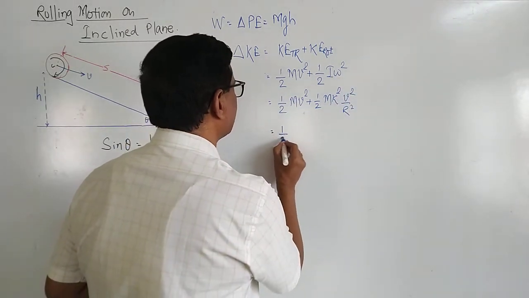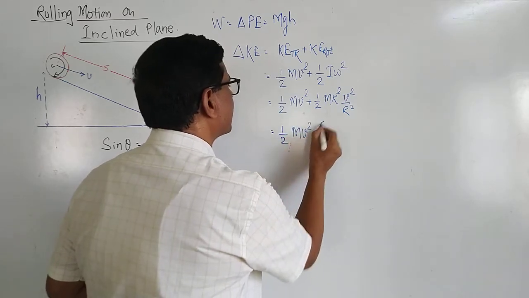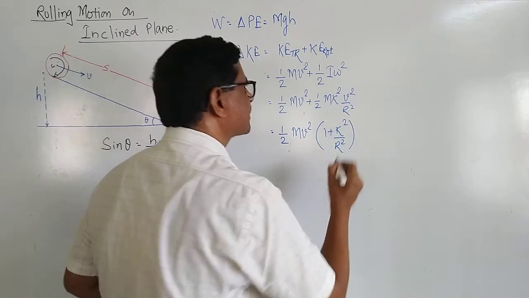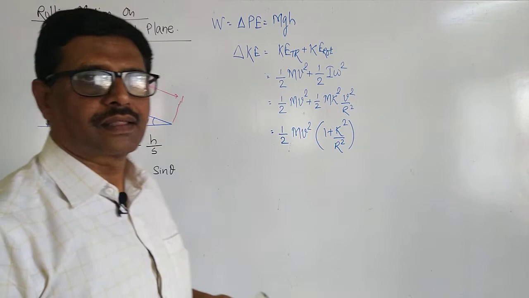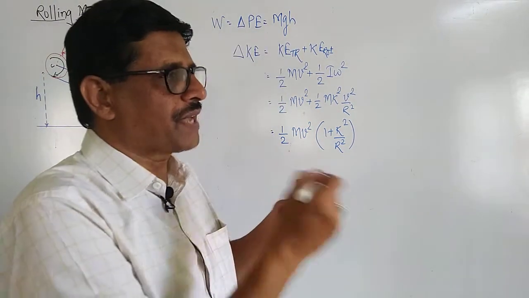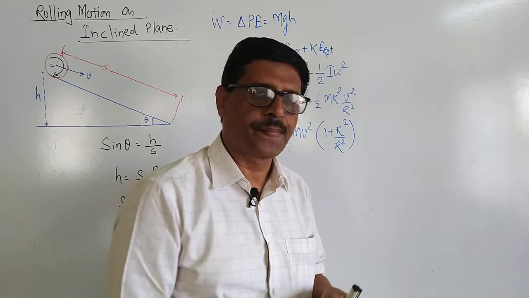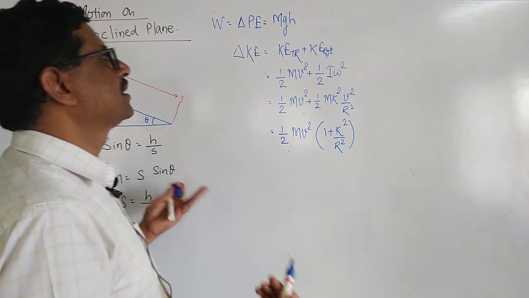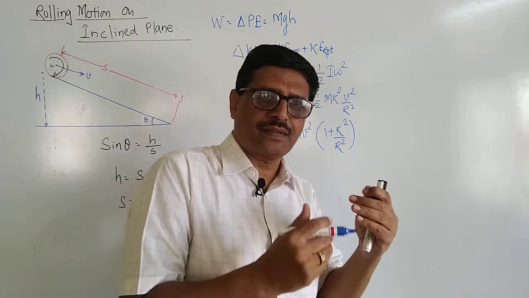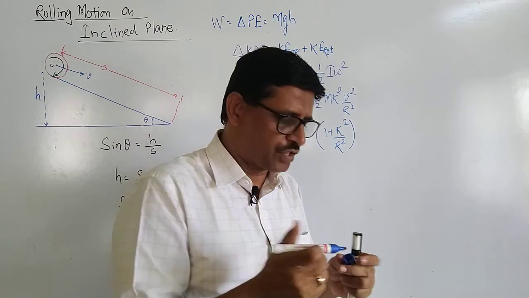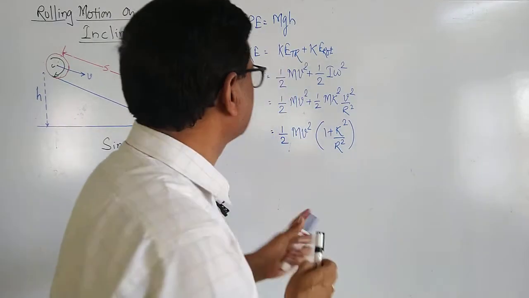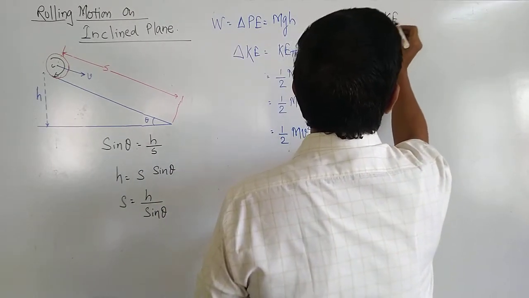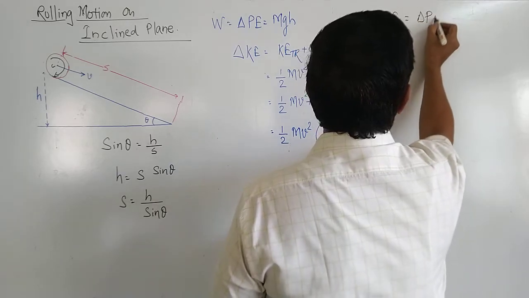And like that we get half m v squared in the bracket 1 plus k squared divided by r squared, where k is the radius of gyration and r is the radius of that rolling body on the surface. Now, when the body rolls on the surface, we will consider that whatever potential energy was attained by the body has been converted into kinetic energy, and hence the increase in kinetic energy is due to the decrease of potential energy.